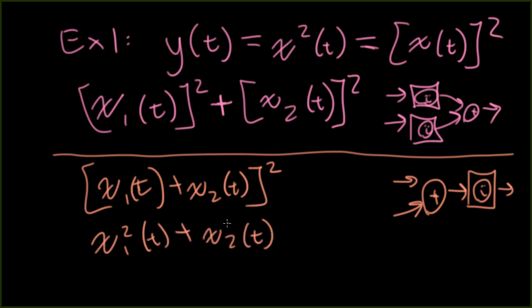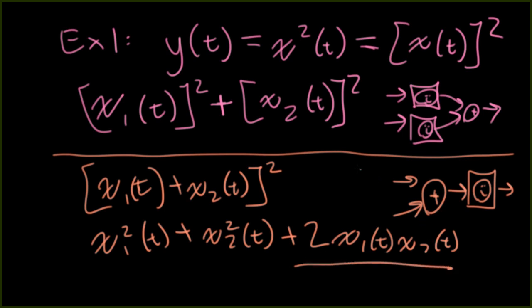So good so far. Oh, but look at this. Now I've got another term. I'll have cross terms. I'll have twice this x1(t), this x2(t). So I have a term sitting here that's not present in the situation we're seeing on top.